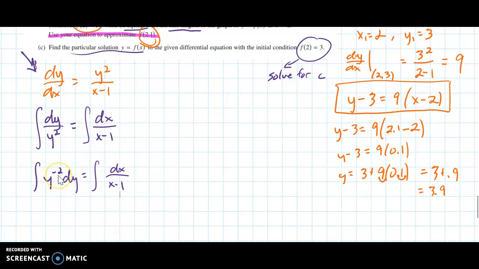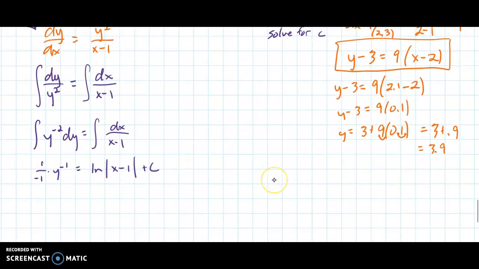So that integrates to, I use power rule, negative 1, or sorry, I should write it as 1 over negative 1 times y to the negative 1 equals ln absolute value x minus 1 plus a constant. Now, I'm going to rewrite this as negative 1 over y, so the left side looks better, equals ln absolute value x minus 1 plus c.